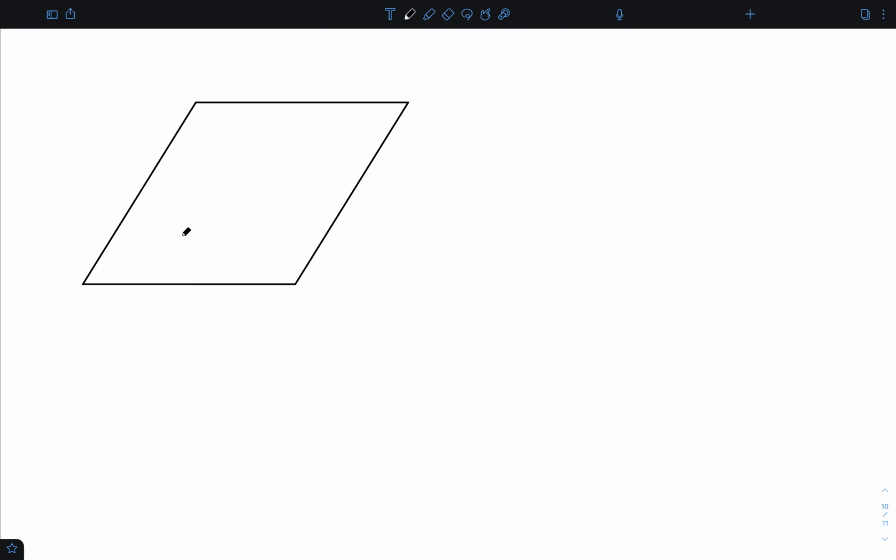Another way to define a plane is having 3 points in the plane that are non-collinear, so they don't lie along one line. We'll call these P0, P1, and P2. We're going to start by creating 2 vectors, one going from P0 to P1, and one going from P0 to P2. So I have these 2 vectors, P0P1, and P0P2.